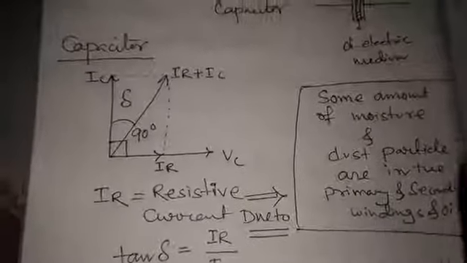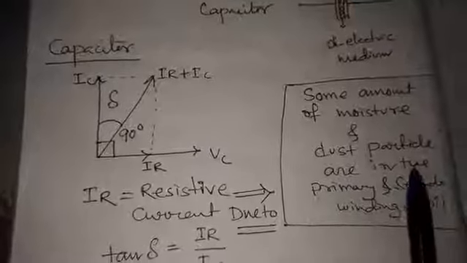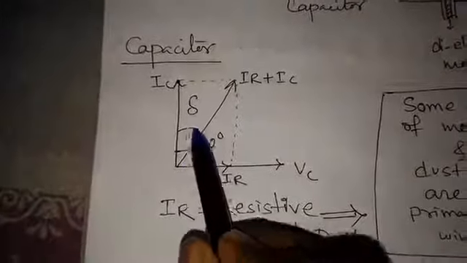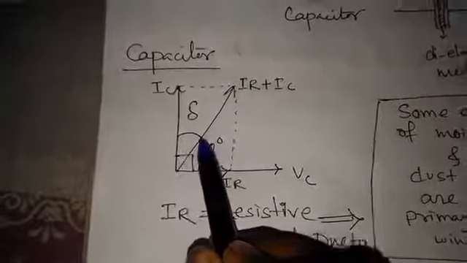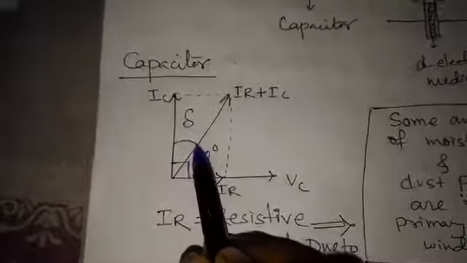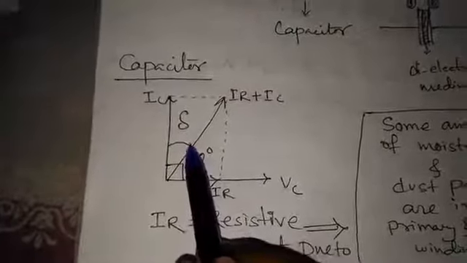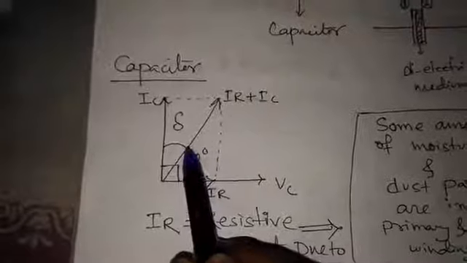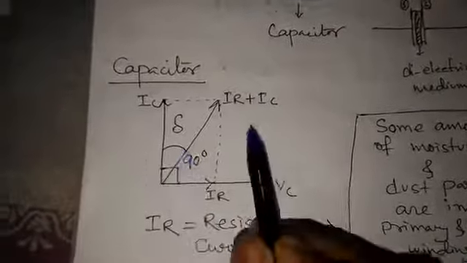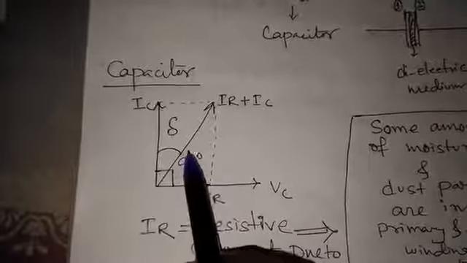So these are the dielectric losses, and due to these losses this angle shift or displacement will be there. So this is the tan delta. The tan delta value should be less than 1 for better use. If the value is greater than 1, you have to replace the material accordingly.